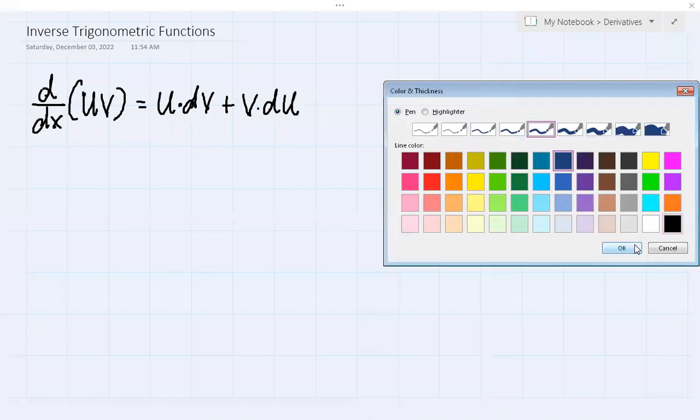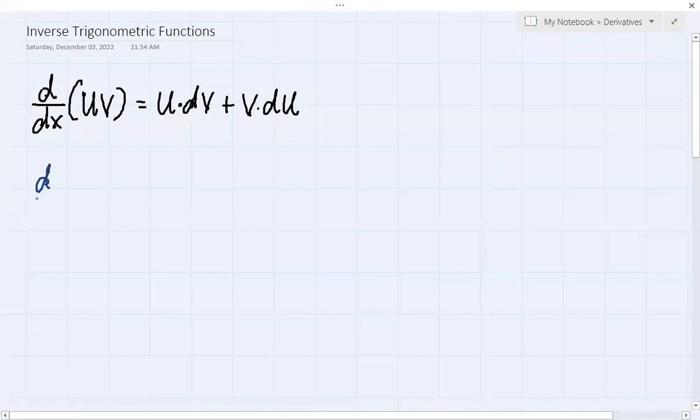So in this example, we have the derivative of 2 times arcsine, times arccotangent.